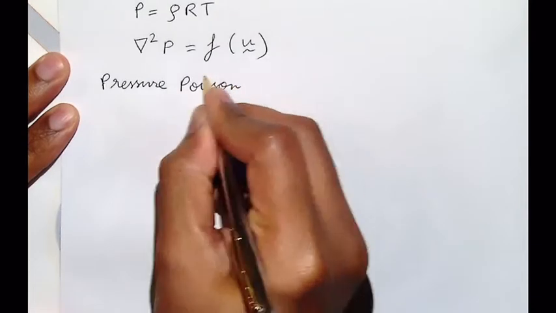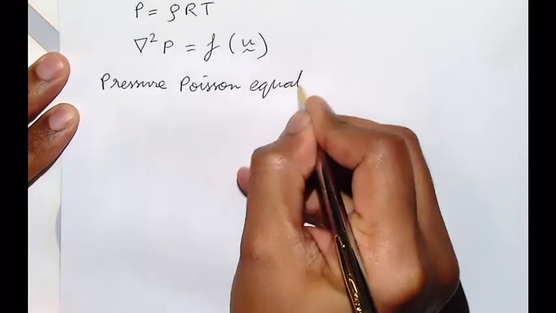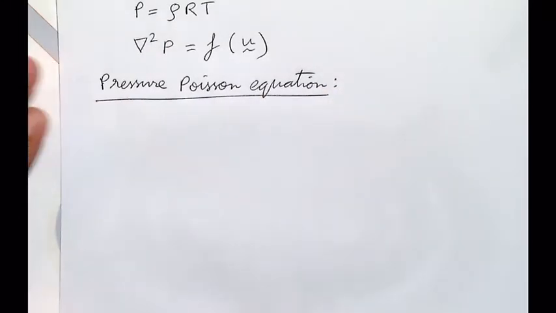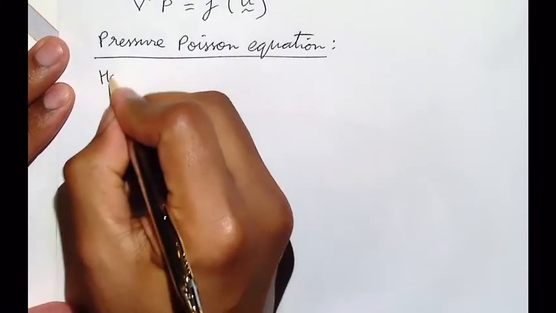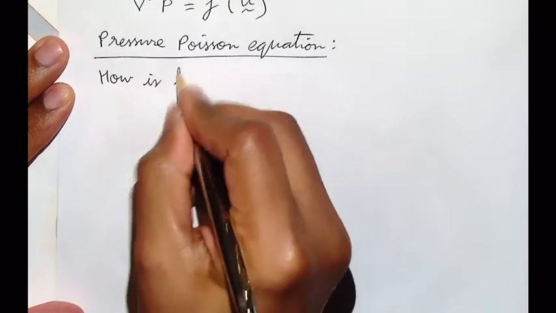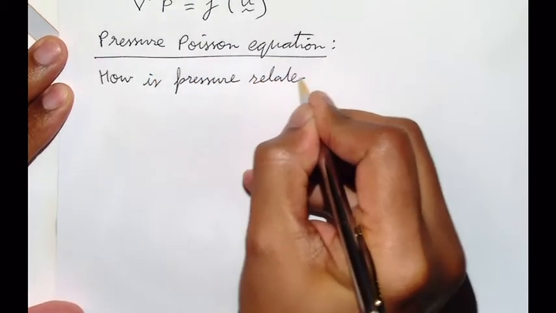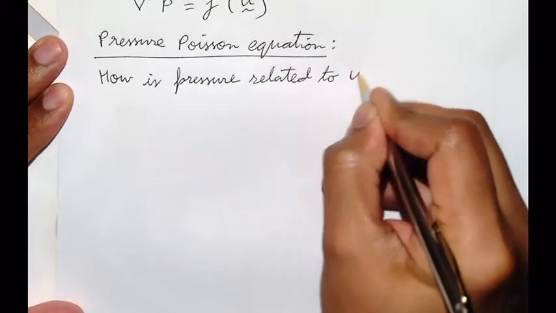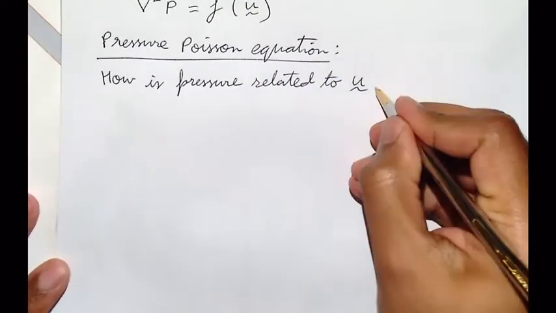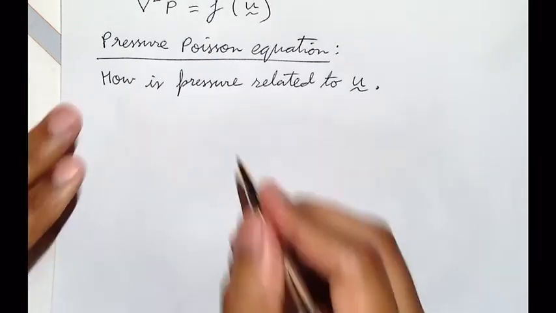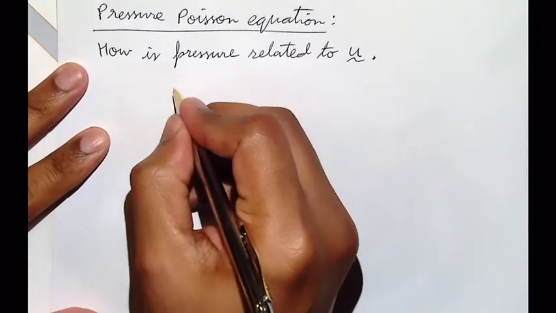Okay, so we were looking at the pressure Poisson equation. So the question is, how is pressure related to u? And the first thing we should do is write down our Navier-Stokes equation.